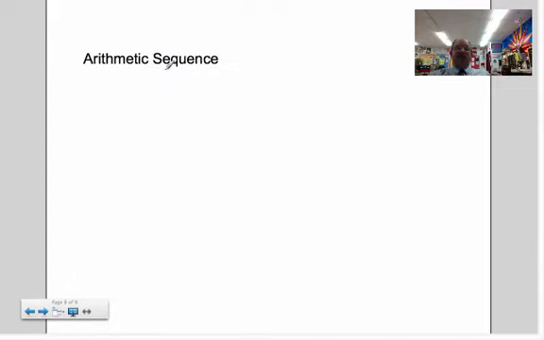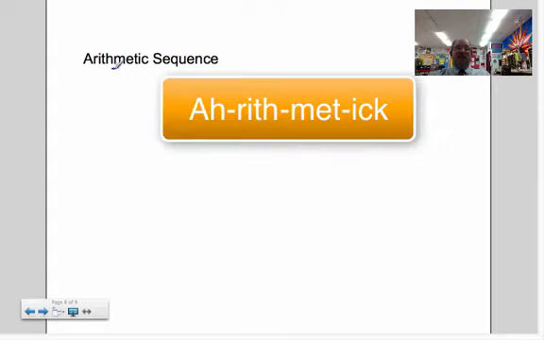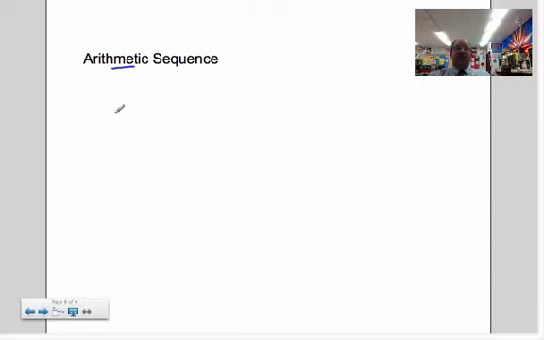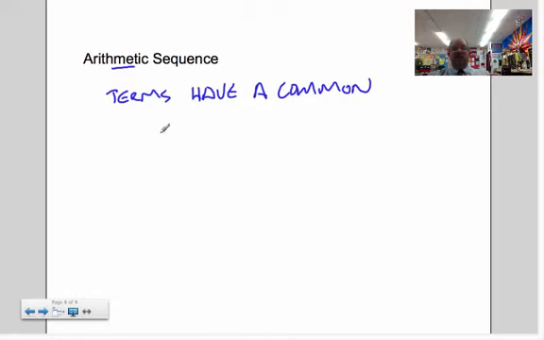Those particular numbers are called arithmetic sequences. So it looks like it spells arithmetic, but we pronounce it arithmetic. If you want to call it an arithmetic series, I won't be upset, but it's an arithmetic sequence. And so the terms have a common difference, meaning that we either add a particular number to get to the next number, or we subtract a particular number to get to the next number.